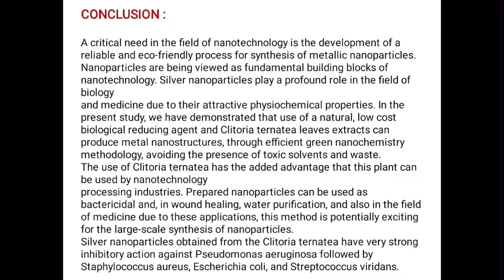Through efficient green nanochemistry methodology, avoiding the presence of toxic solvent and waste, the use of Clitoria ternatea has the added advantage that the plant can be used by nanotechnology process industry. Prepared nanoparticles can be used as antibacterial agents and in wound healing, water purification, and also in the field of medicine due to this application.